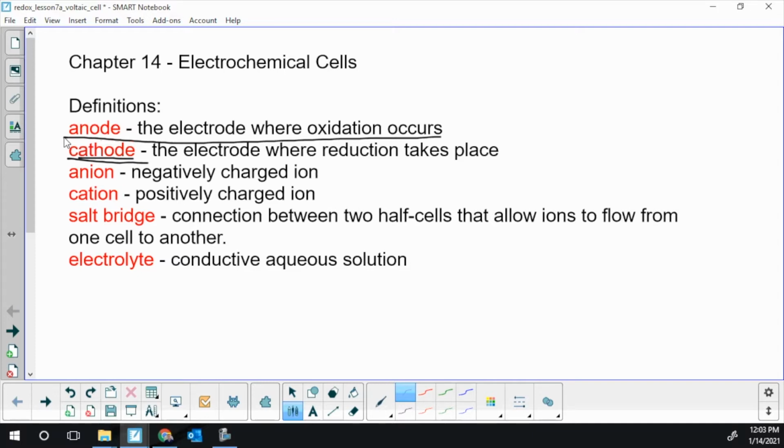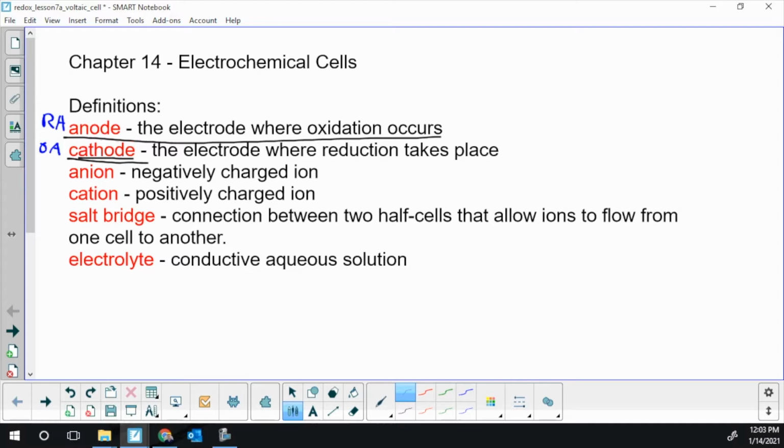Kind of the opposite word. So the anode is where the RA will be located or reacting. The cathode is where reduction occurs, so that's the oxidizing agent. So something from the first column is going to be reacting at the cathode. Something from the second column in your table will be reacting at the anode.